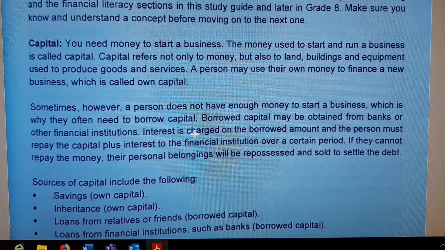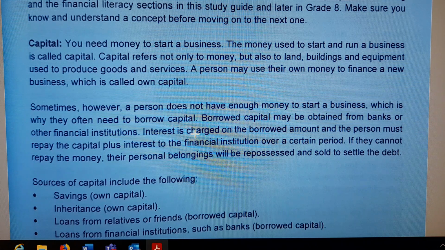So if you borrow capital from a bank, the bank is going to charge interest. So for example, if I borrow 10,000 rand and the bank charges me interest of 2,000 rand, the bank is going to give me 10,000 rand, but they're going to charge me 12,000 rand in total. Then it means I need to pay back the bank 12,000 rand.